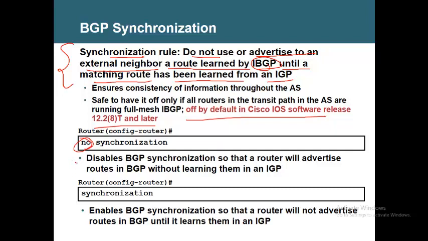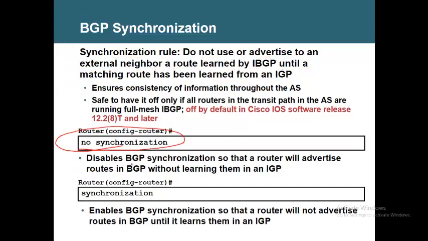When you type show running configuration, in some configurations you can see no synchronization is already typed. Even if you don't care about it, nowadays no operating system has the synchronization rule on. It is off. But if you want to turn it on for some reason, you can do it by typing synchronization.